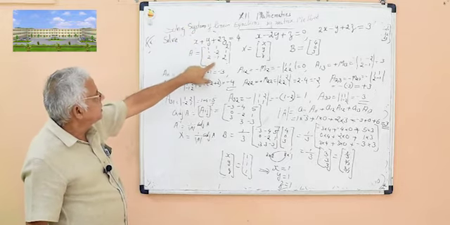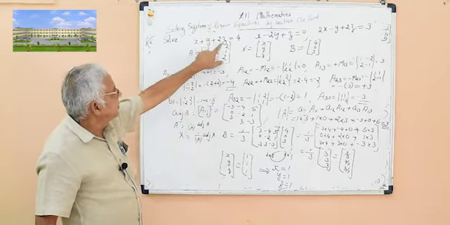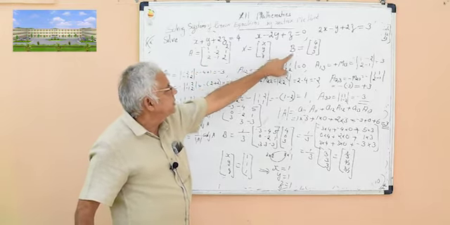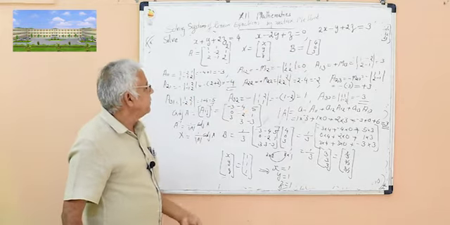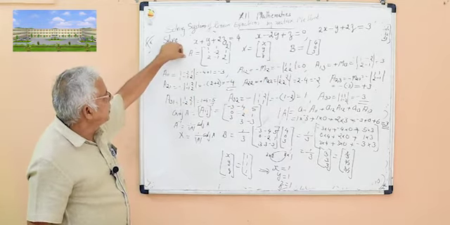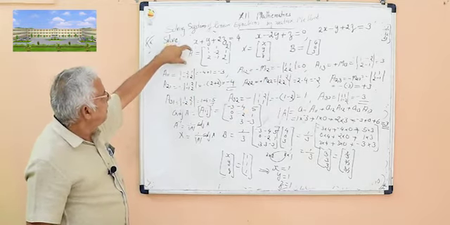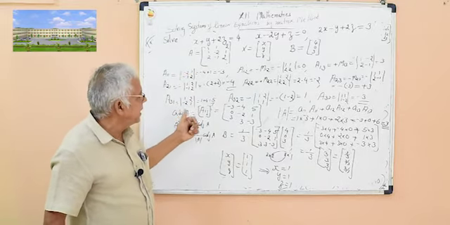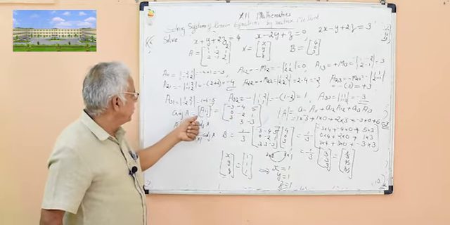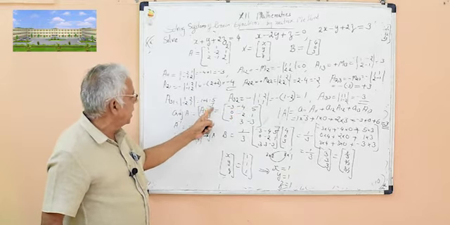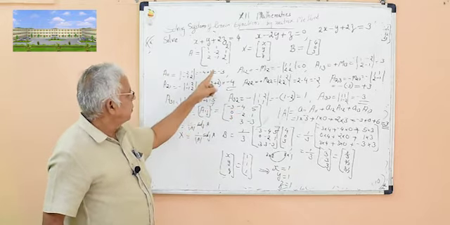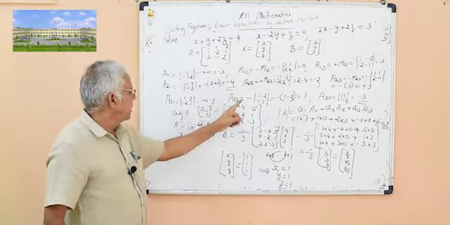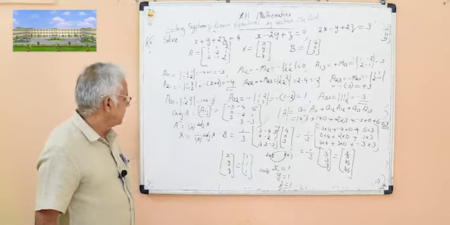First take the coefficient matrix, a variable column matrix x, y, z, and a right hand side constant column matrix. Then find the adjoint of the matrix: capital A11, A12, etc., the nine cofactors. Then adjoint of A is equal to the transpose of the cofactor matrix. The first row becomes a column, the second row becomes a column, the third row becomes a column.